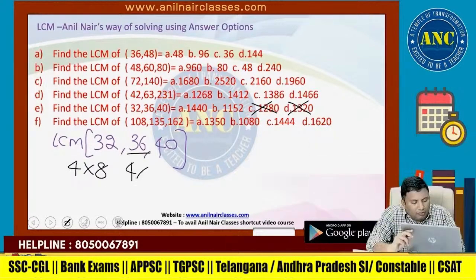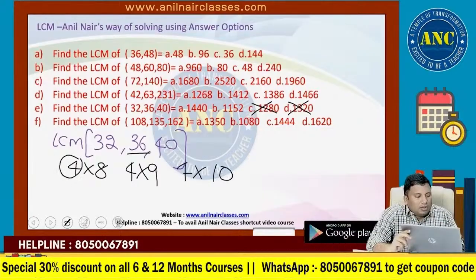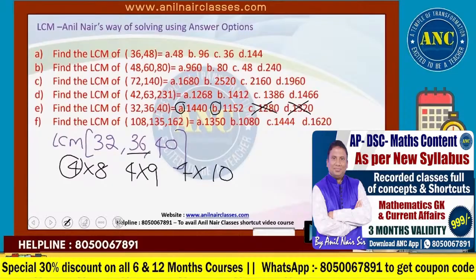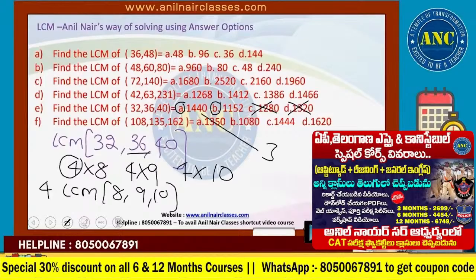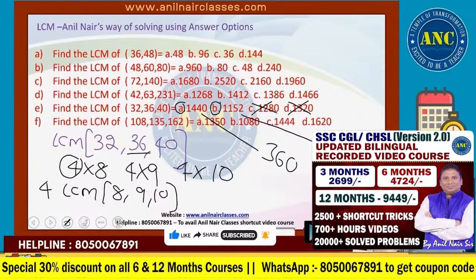4 8s are, 4 9s are, 4 10s are. 4 is taken out. In all the cases it is divisible by 4. 4 is taken out. LCM of 8, 9 and 10. If 4 is taken out, 1440 by 4 is 360. 1152 by 4 is 288.